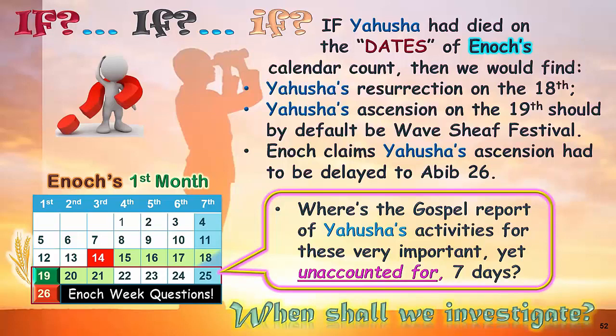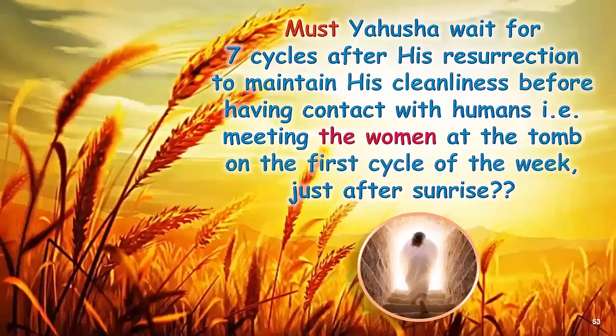Do you want to investigate? Must Yahusha wait for 7 cycles after his resurrection to maintain his uncleanliness before having contact with humans, i.e., meeting the woman at the tomb on the first day of the week, just after sunrise?